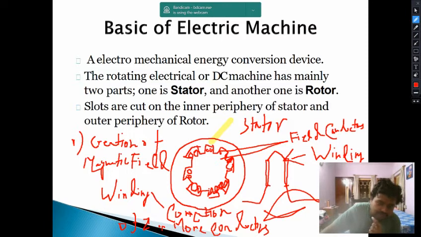So what type of winding is that? This is a field winding, right?